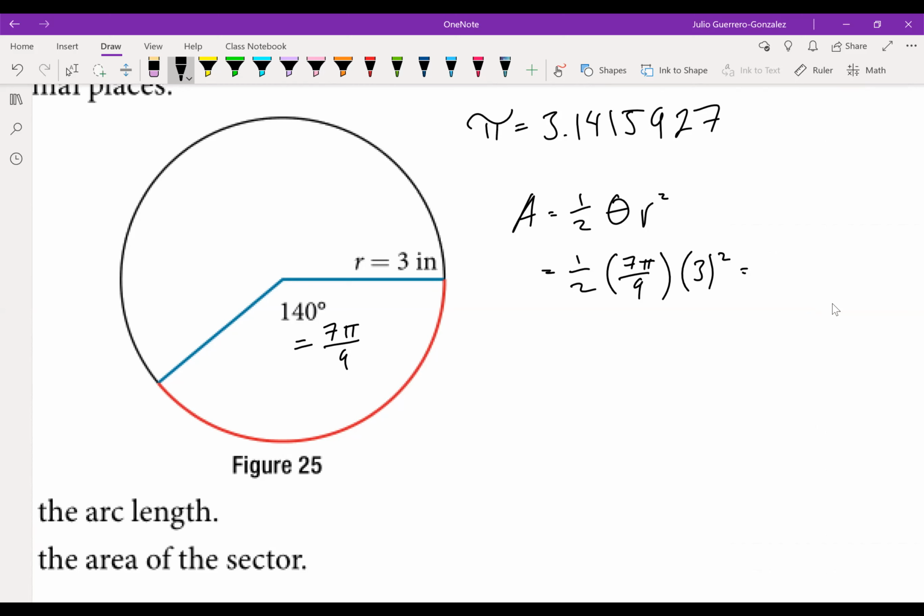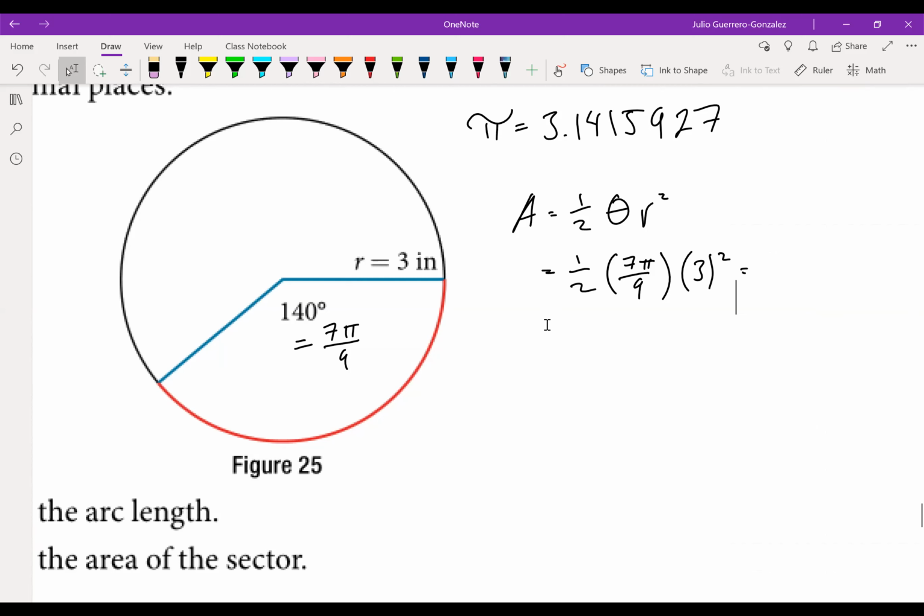So 32.986. For the final answer? I got 11. Not exactly 11, but close enough to 11: 10.99555. Yep, exactly.